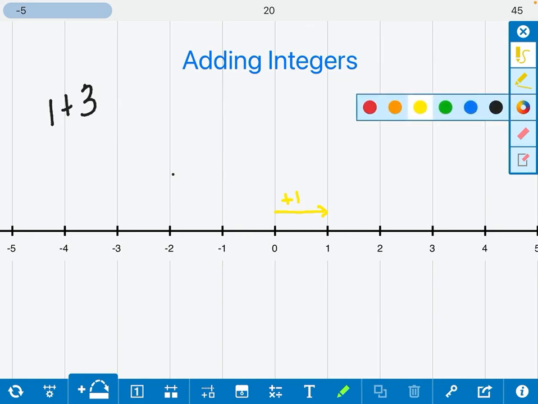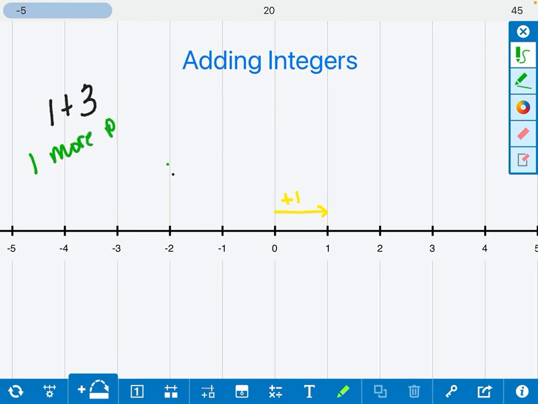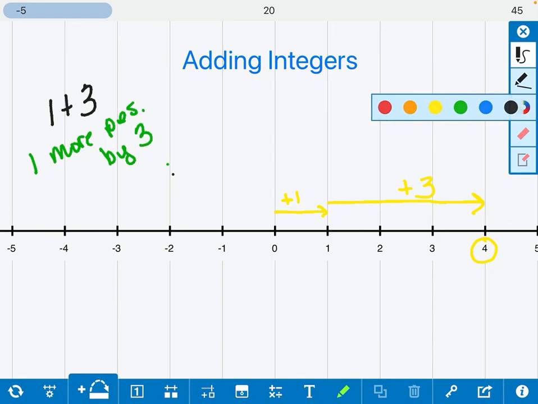We're at 1 and we want to get more positive by 3. So more positive, 1, 2, 3, positive, plus 3. And where we end up is our answer. So I just wanted to show you that it still works even with the numbers that we already know about, right? So you are going to practice this.